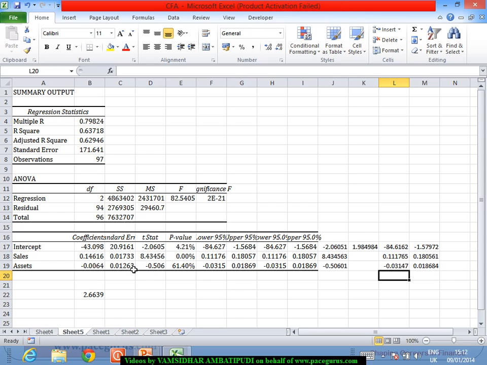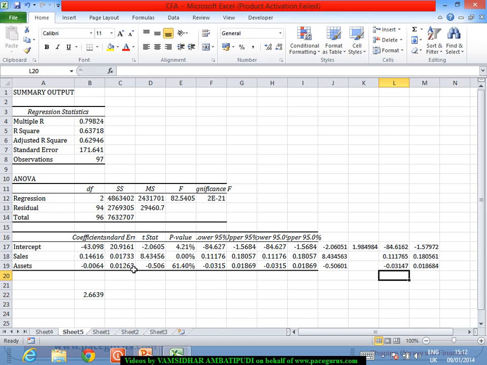So wherever 0 is present in a particular interval, that particular coefficient may not be statistically significant, whereas in other cases that particular coefficient is going to be statistically significant.